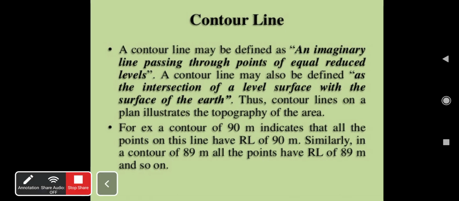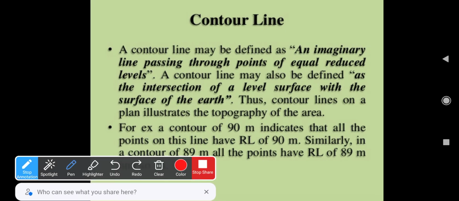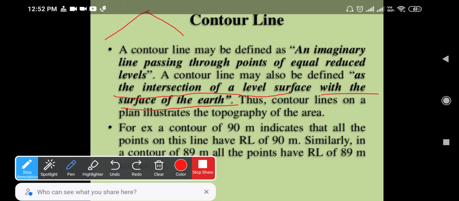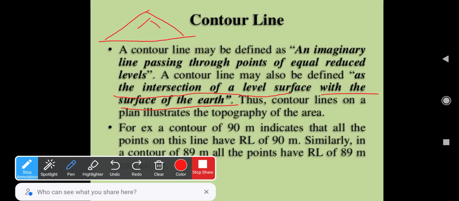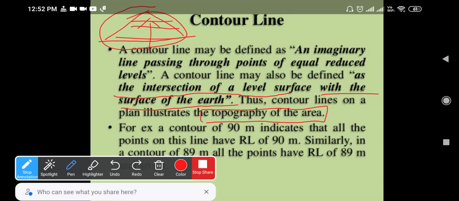A contour line may also be defined as the intersection of a level surface with the surface of the earth. So we can see in the mountain, from the surface of the earth, how much intersection there is and how much area we have divided that way. Thus the contour line on a plane illustrates the topography of the entire mountain or area, as in the image we saw on the last slide.